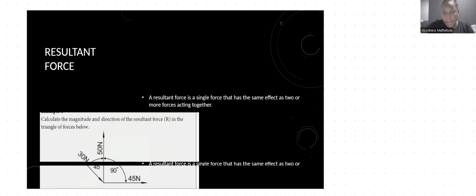If we calculate the component of X, we have 30, which is our force, times cos of 45.